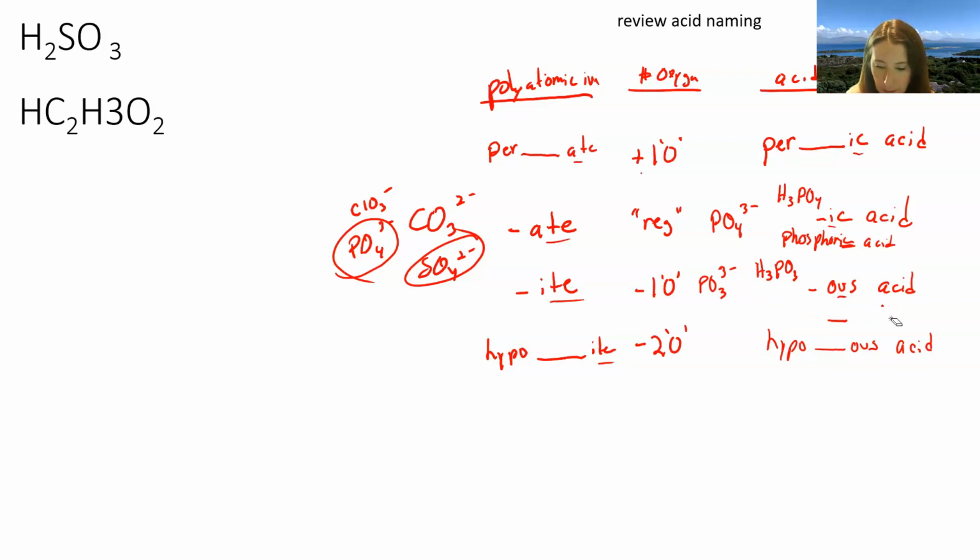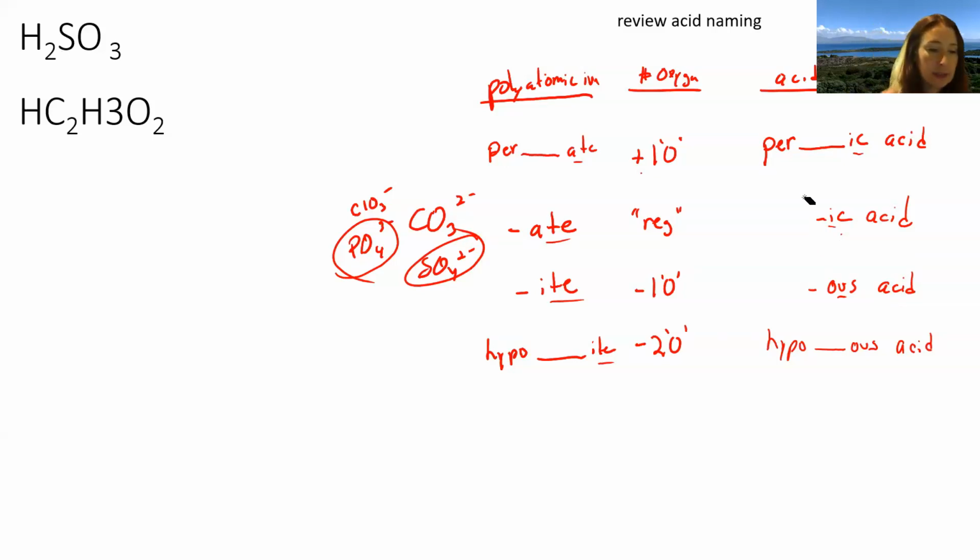Okay, I'm going to clean this up for you. So let's use this right here, trying to make it clean for these. Let's try H2SO3. Okay, SO3 looks a lot like sulfate. I memorized sulfate because it's my regular.